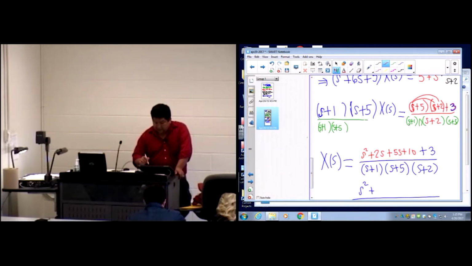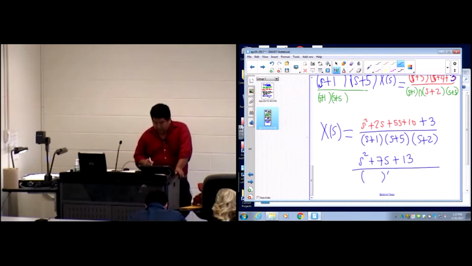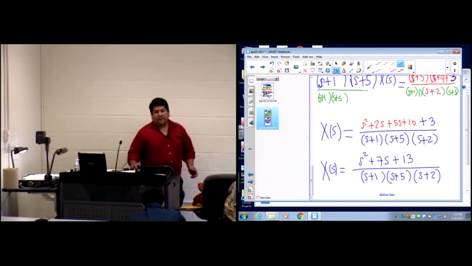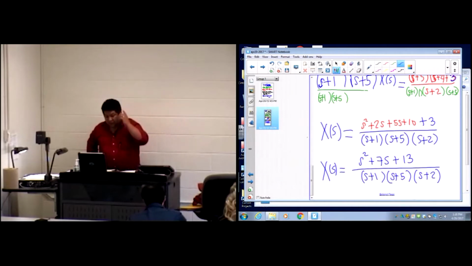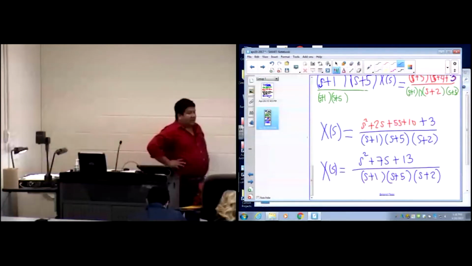So what I'd like to do next is to use partial fractions to write the right-hand side as the sum, addition, of 3 fractions, mostly because I want to turn to this table when I reach the point of taking the inverse Laplace transform. I want to be able to use some of these expressions.